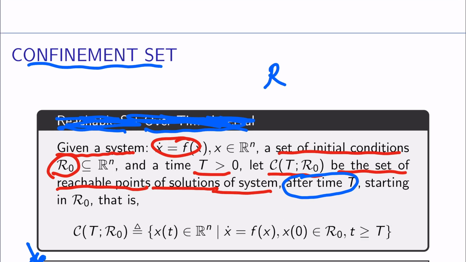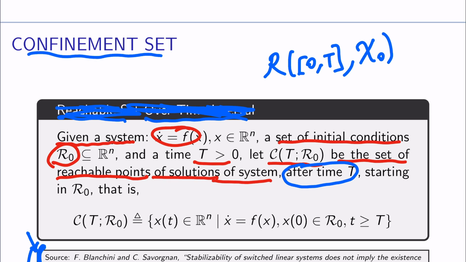In the previous parts, we discussed that type of reachable set definition, and here this confinement set is not looking at that, it is looking at what would happen after that, from t to infinity, right?